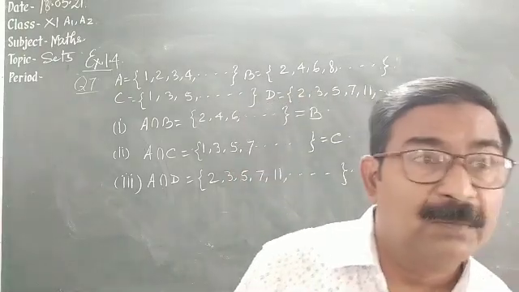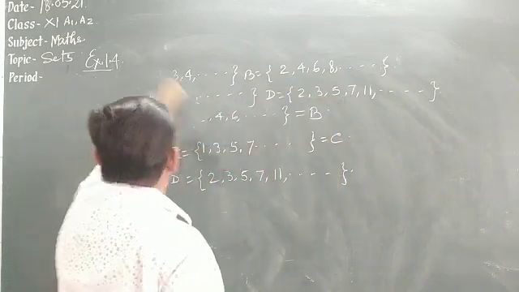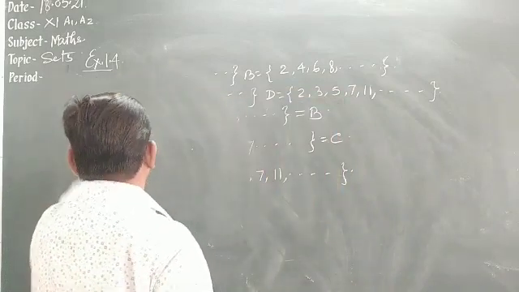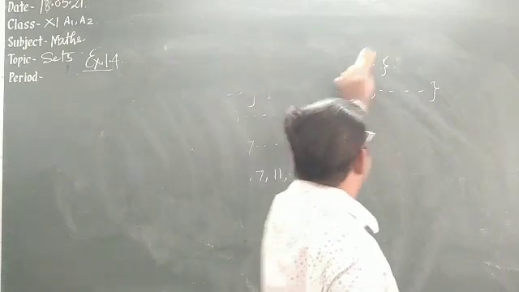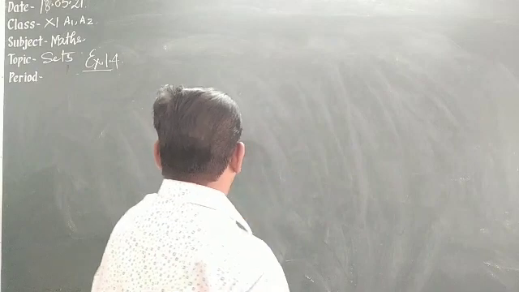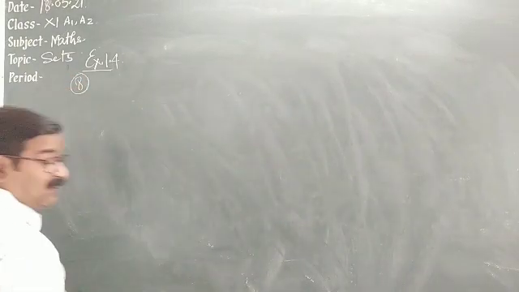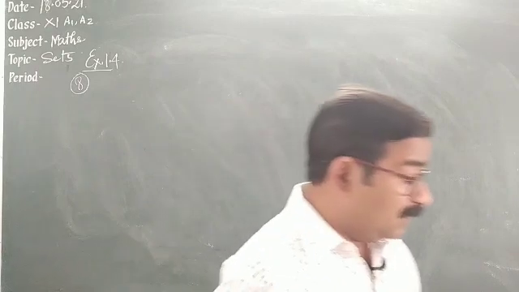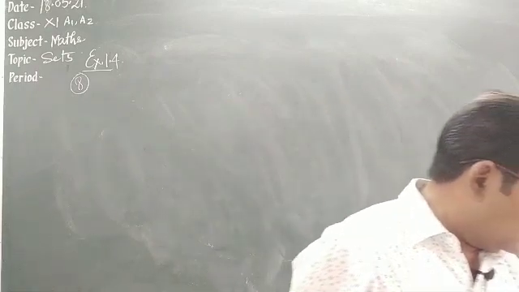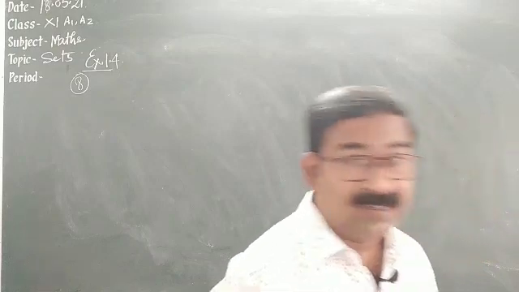Now I am coming to question number 8. In question number 8, we are given: which of the following pairs are disjoint sets.